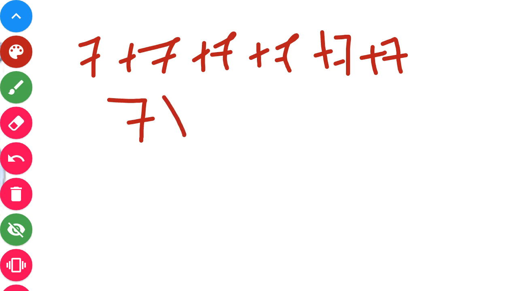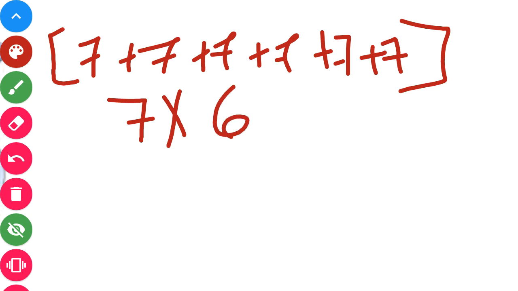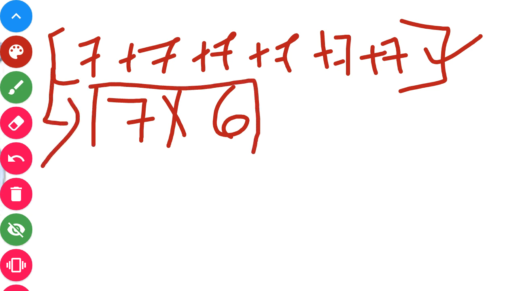And 7 has repeated itself how many times? Count how many 7s are there. 1, 2, 3, 4, 5, 6. 7 has come 6 times.